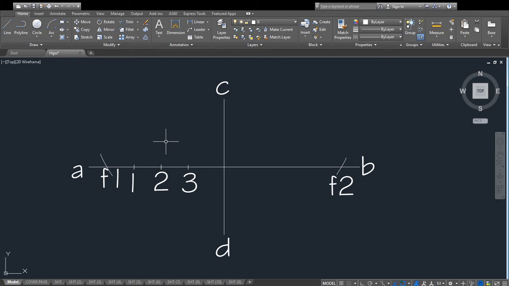That is, you open your compass from A to 1. You come to F1, you make an arc above and below. You come to F2, you make an arc above and below. Okay, let's do it.